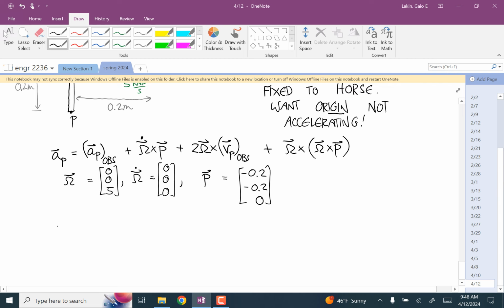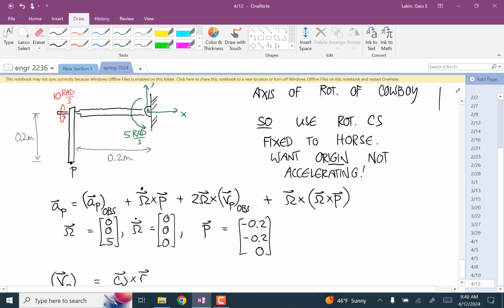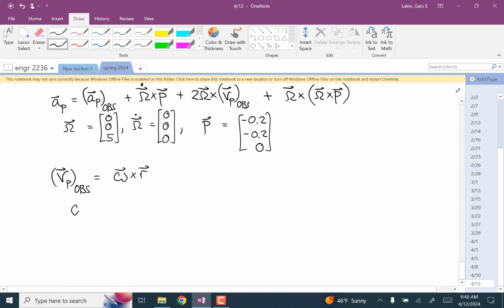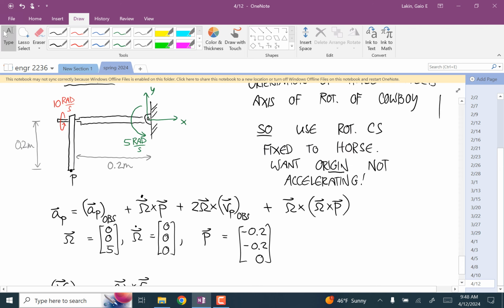Now the observed velocity is lowercase omega cross r. Lowercase omega is 10 radians per second in the positive x. Here we have a case where r is not the same thing as position because r is the vector from the center of the circular motion to the point. So what's that in this case?